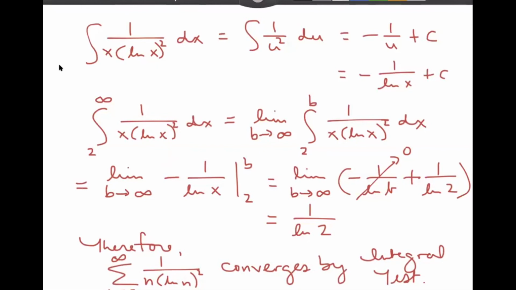That's one unfortunate thing about the integral test. It tells you what the corresponding integral converges to, but that doesn't give you any information whatsoever about what the series converges to. Unfortunately, it doesn't even tell you most of the time does the series converge to something less than 1 over natural log 2, greater than 1 over natural log 2. We just don't know. Okay. All we know is that it converges.